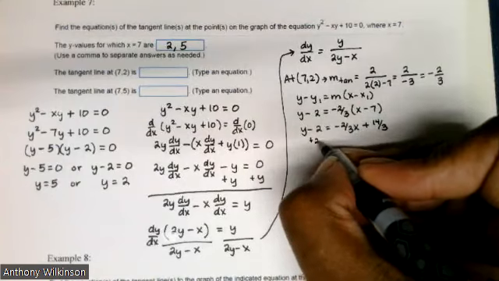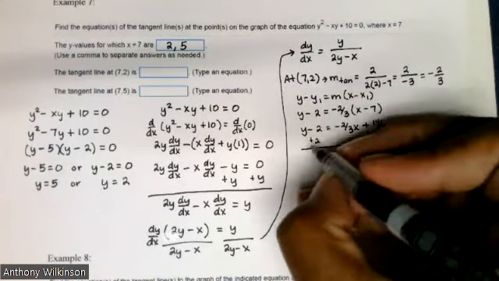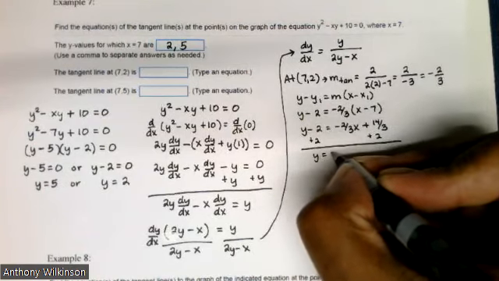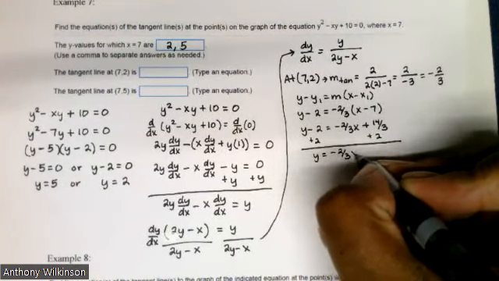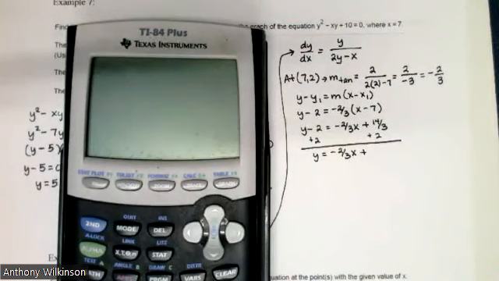And then you're going to add 2 to both sides. You're going to have to use the calculator to do this. So y is equal to negative 2/3 x plus, now 2 plus 14/3. I'll do this in the calculator. So in this case here, I got, for this, 2 plus 14 divided by 3.